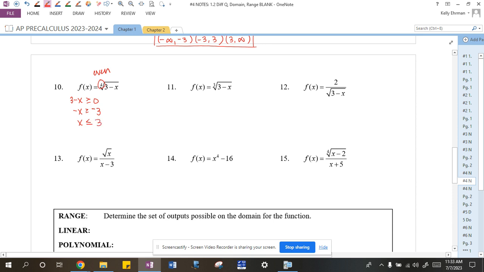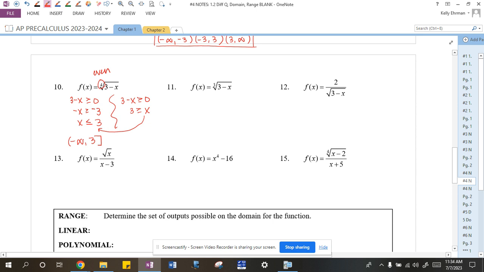Why does it do that? Because think about if you didn't use this route. What if you instead just added x to the other side? Your inequality symbol is based off of where the x value is. 3 is greater than or equal to x is another way to say x is less than or equal to 3. So either way, your domain is negative infinity up to 3, including that endpoint.